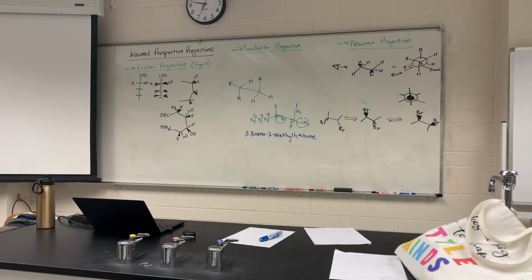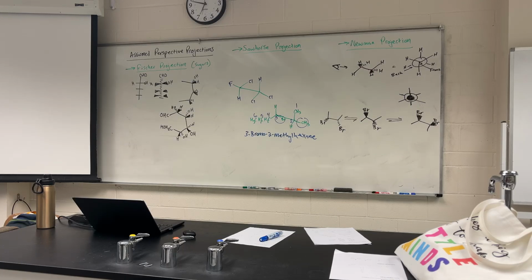Good. So you guys started it like this. You've got your yellow going away, perfect. When you sight down the Newman projection, where's the yellow? Okay, so we started with this.